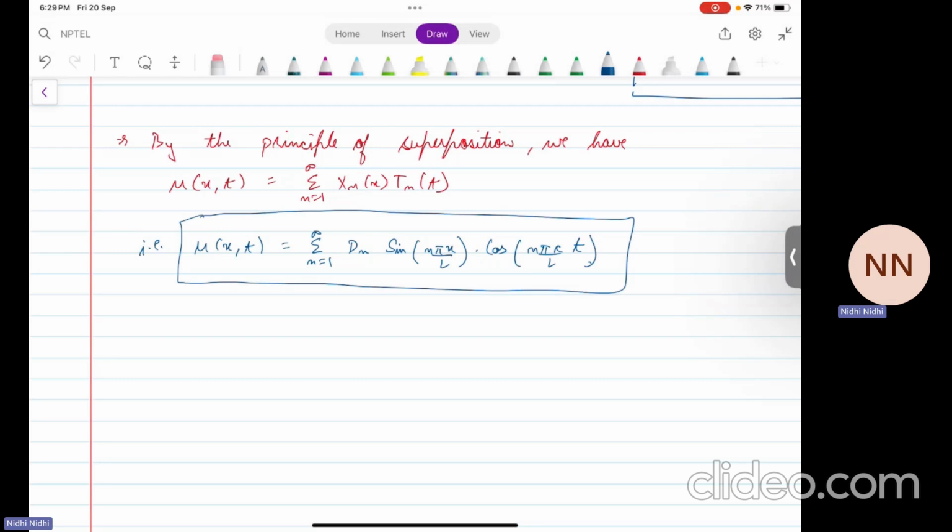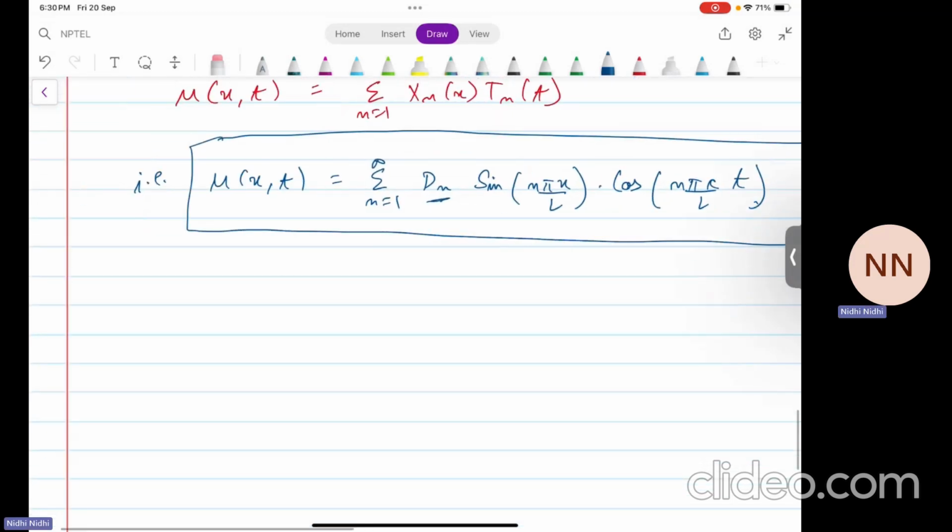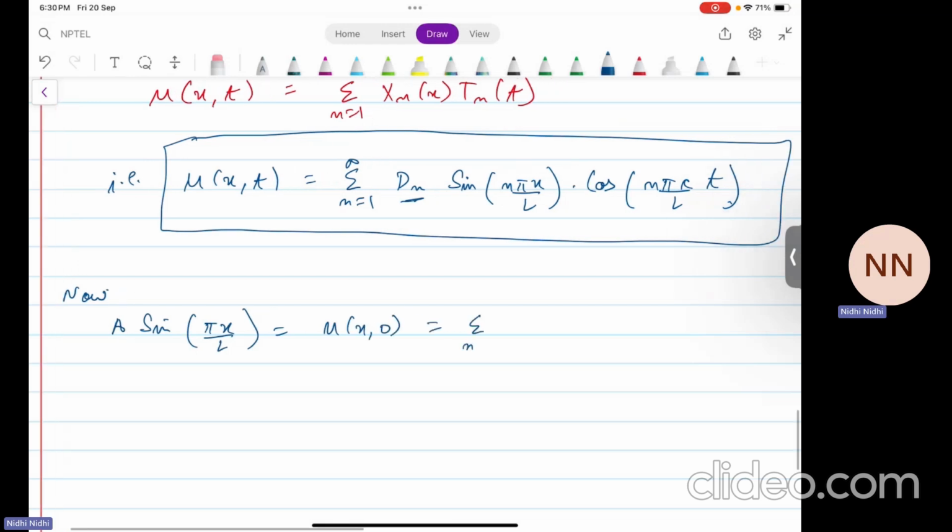You can see that till now we have used the three boundary conditions and we are left with a constant dn. We still need to find the value of this dn. We will find this dn using the last condition that is left with us. Now we have sine pi x by L is equal to u at (x,0).